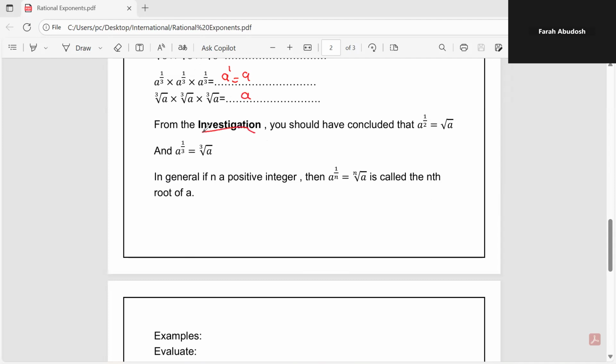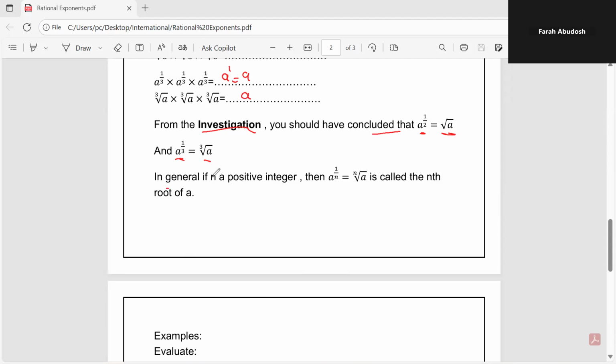From the investigation, you should have concluded that a to the power 1 over 2 equals the square root of a. Again, a to the power 1 over 3 equals the cube root of a.